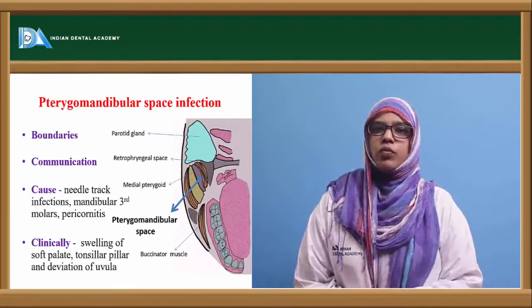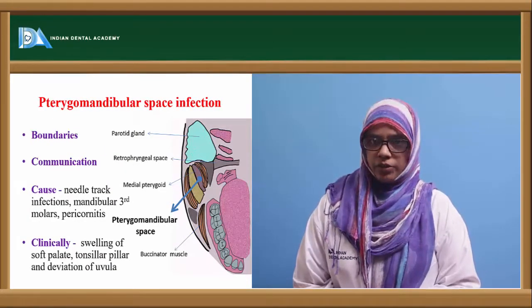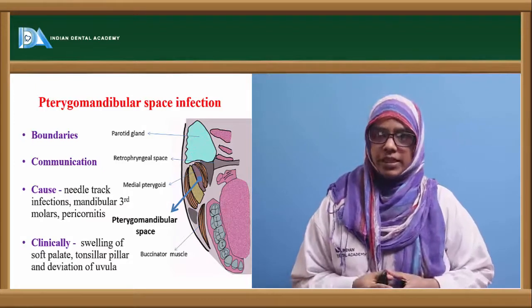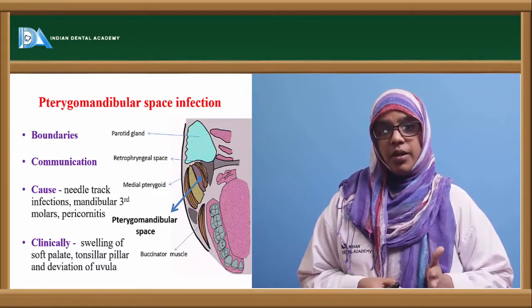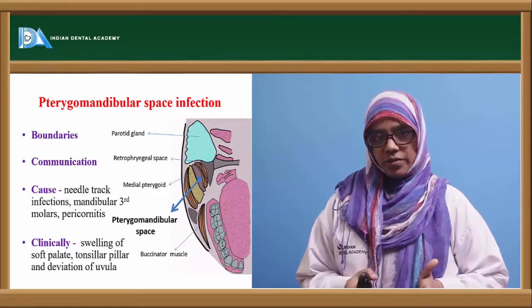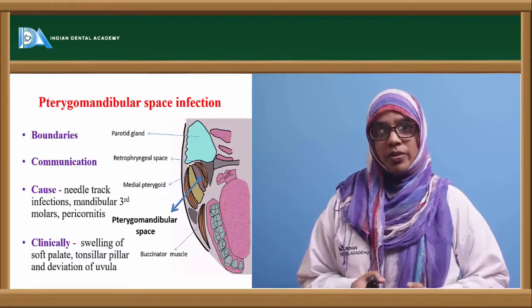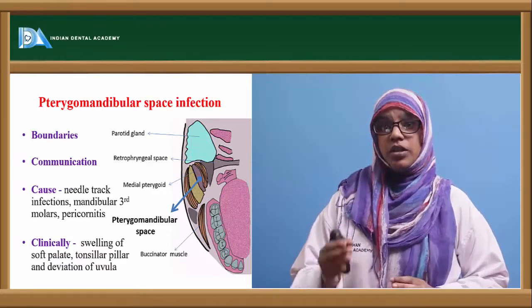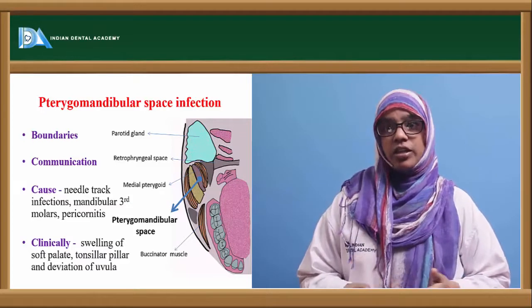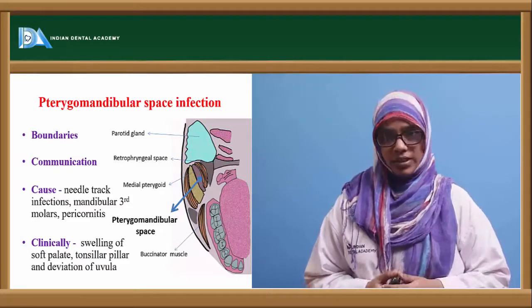Okay, let's move on to the pterygomandibular space infection. The pterygomandibular space is bounded laterally by the medial surface of the mandible, medially by the medial pterygoid muscle, anteriorly by the pterygomandibular raphe, posteriorly by the parotid capsule, superiorly by the lateral pterygoid and inferiorly by the pterygomasseteric sling.